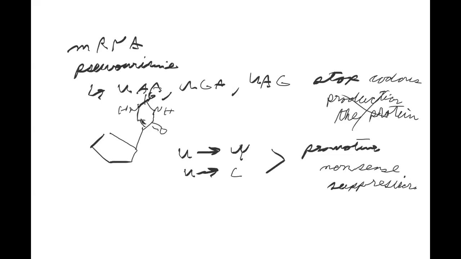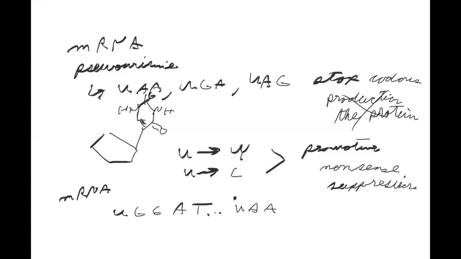All right. So you can have a mutation within, let's say you had in your messenger RNA code a U, G, G, A, T, and then a stop codon, U, A, A. Okay.